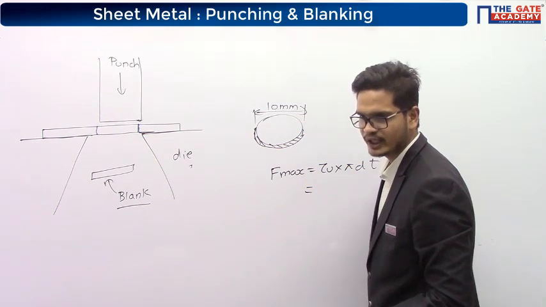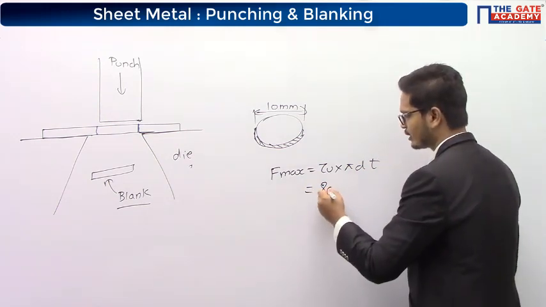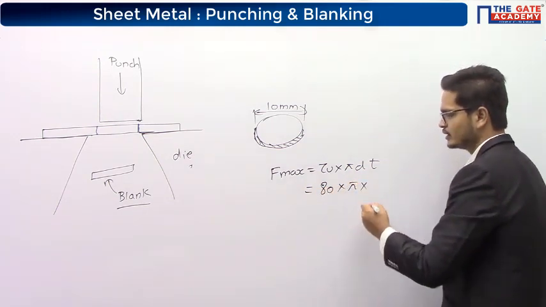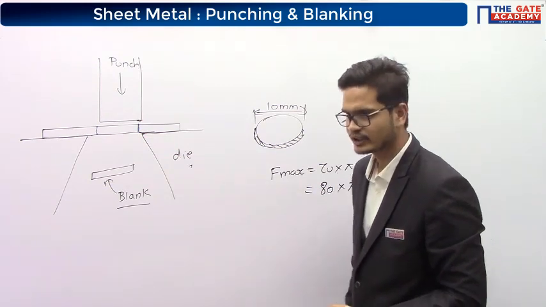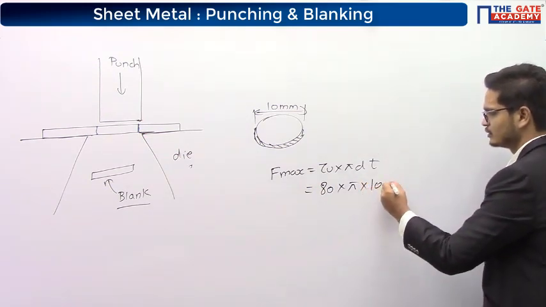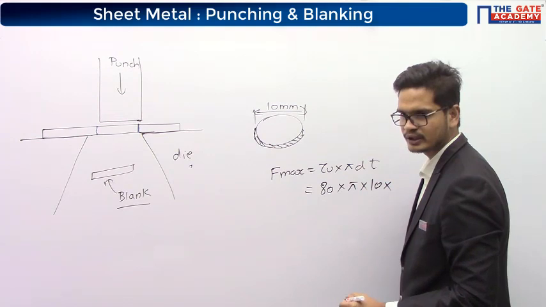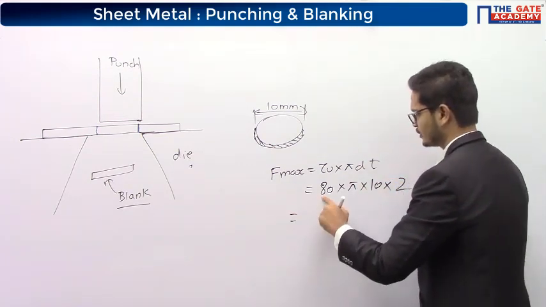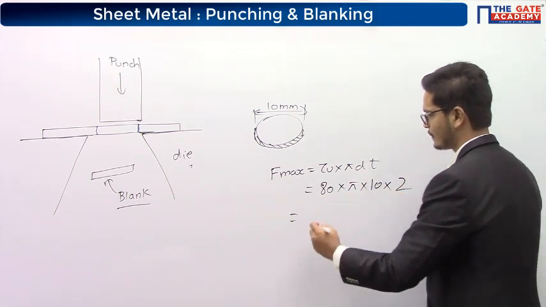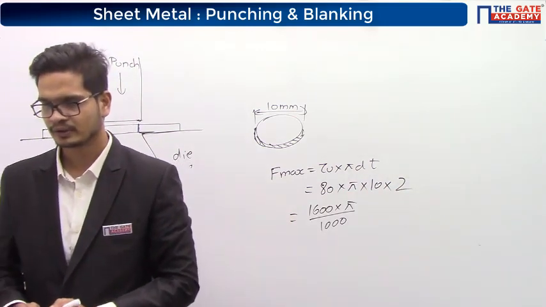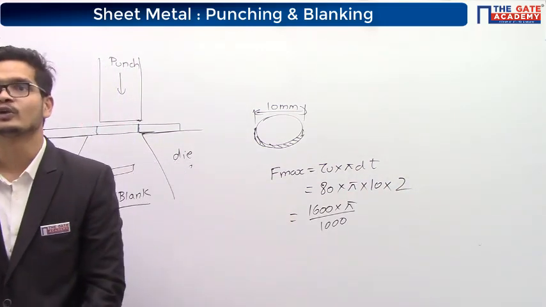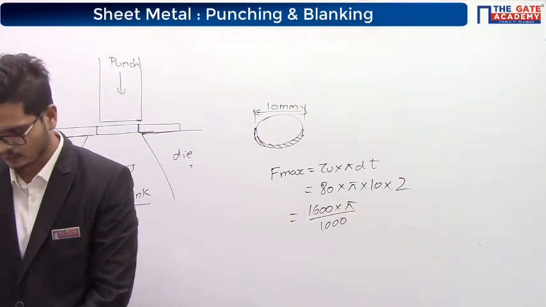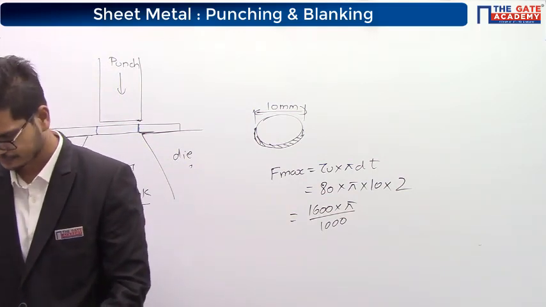Tau u is given as 80 megapascal, into pi into d, the diameter, which is 10, into the thickness, which is 2. This question is for mechanical only.